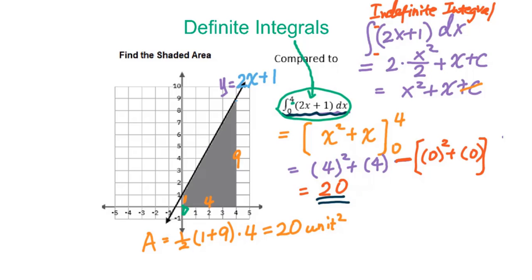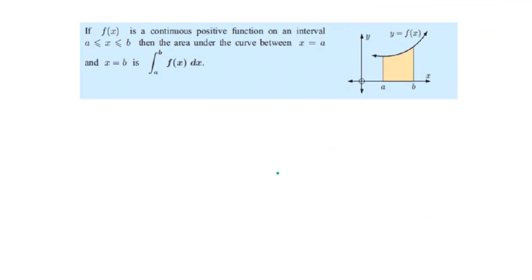They are equal to each other. In other words, the definite integral from 0 to 4 of 2x plus 1 dx equals this shaded area under the curve.